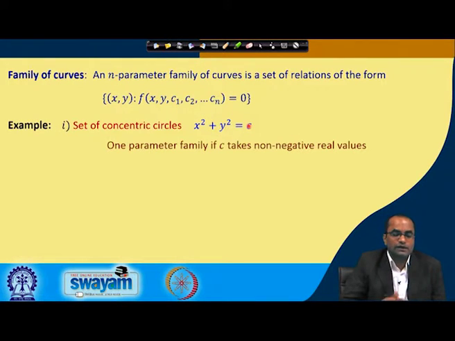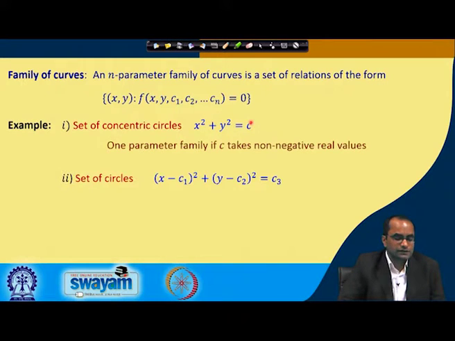For different values of c, these are the equations of circles with the same center. Here we have only one parameter, c, and if we keep changing c, we get circles with the same center and different radius.